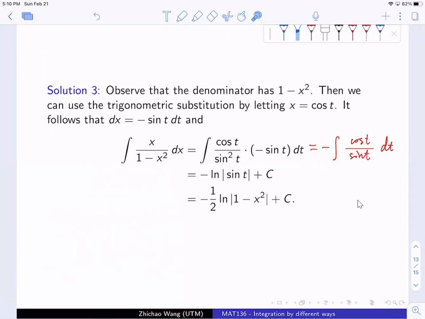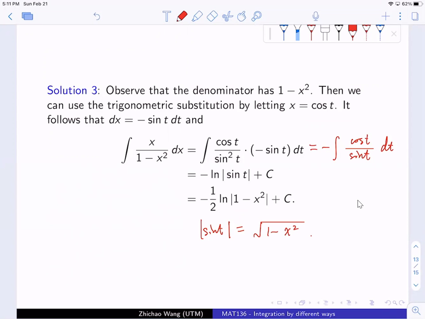So finally, it is equal to minus 1 over 2 ln of the absolute value of 1 minus x squared. Since here we use that the absolute value of sine of t is equal to the square root of 1 minus x squared.